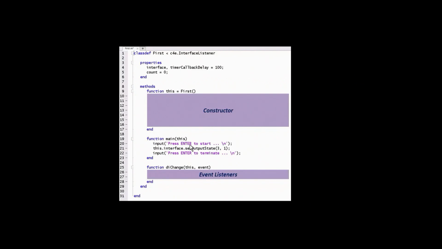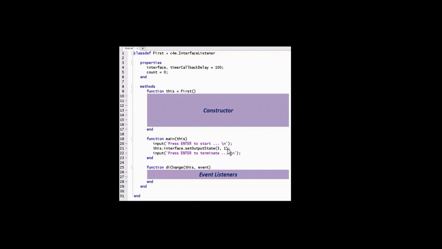The rest of the main function looks like this. The body of it says press enter to start. We have seen this in the guided tour, that this is how the procedure starts, and it ends by press enter to terminate. So these two statements simply allow the user to indicate when listening to the hardware should commence and when it should be terminated.